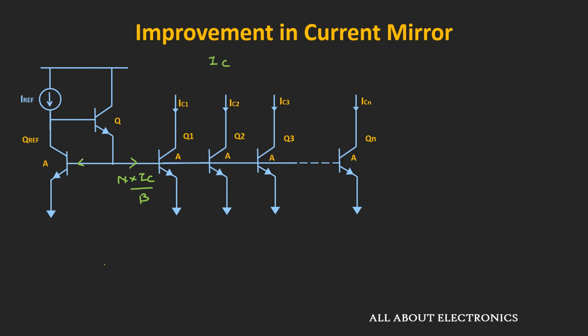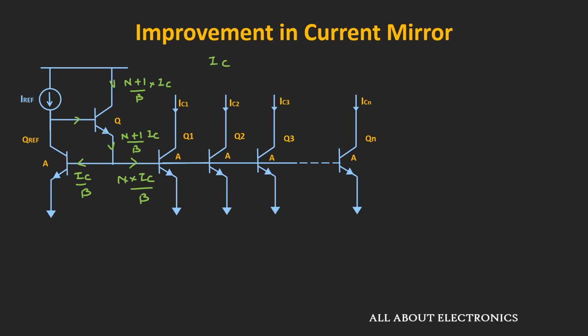While this current is equal to IC divided by beta. That means the emitter current of this transistor Q is equal to n plus 1 times IC divided by beta, and this current would be approximately equal to the emitter current. That means we can assume that this current is also n plus 1 divided by beta times IC, right?